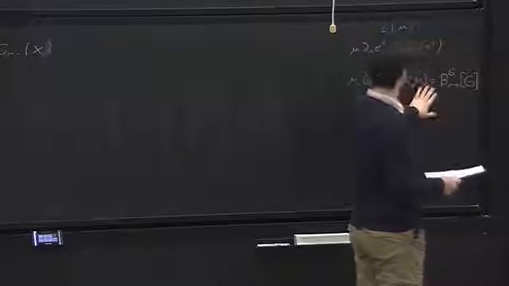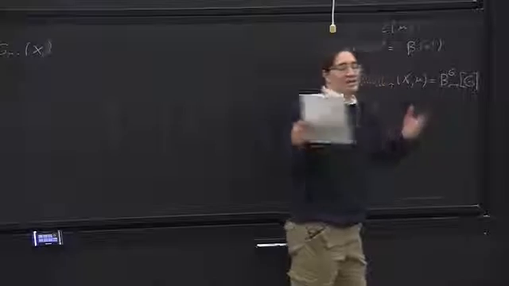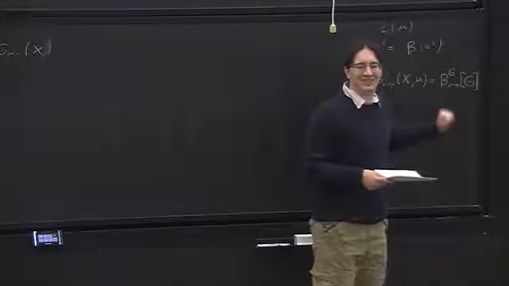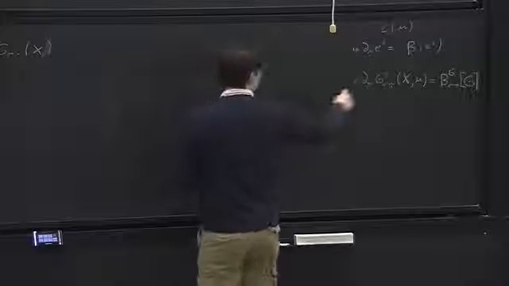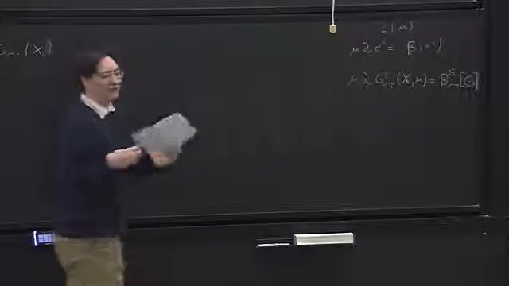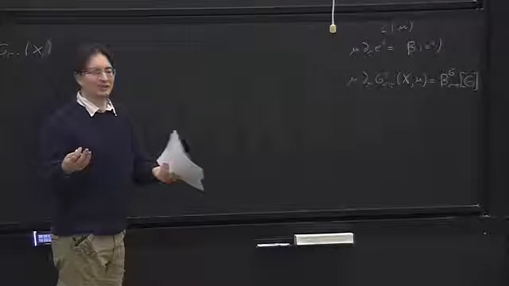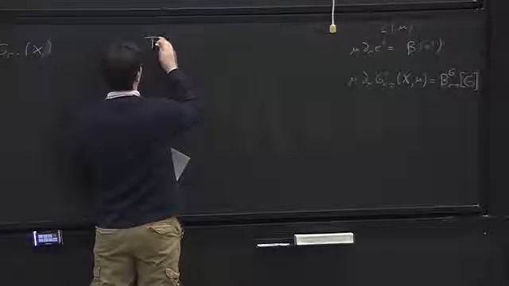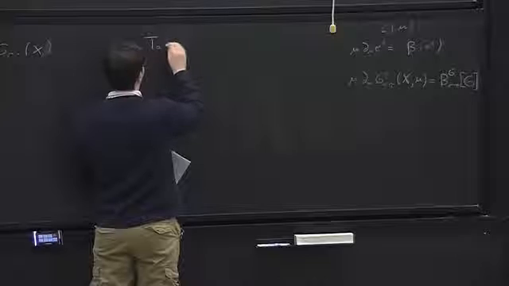So your theory has a chance to be scale invariant only if this beta function vanishes. Another way to express this relation, in terms of breaking Weyl symmetry, is in terms of the stress tensor.